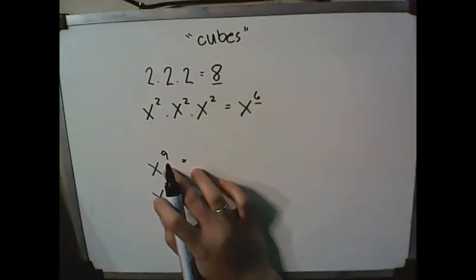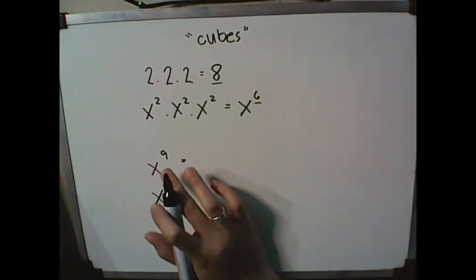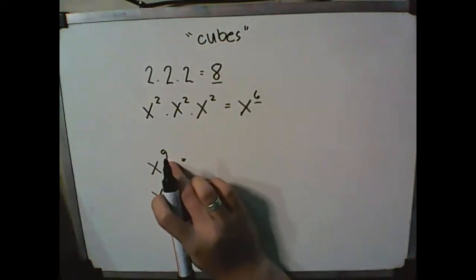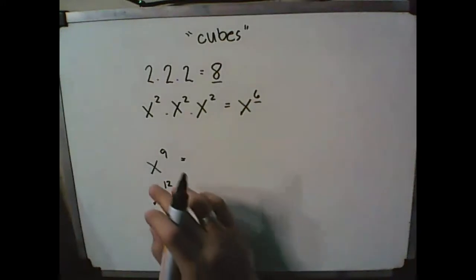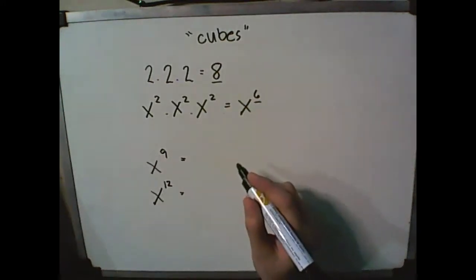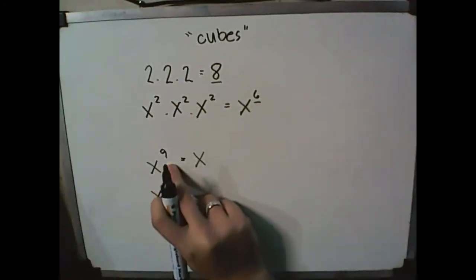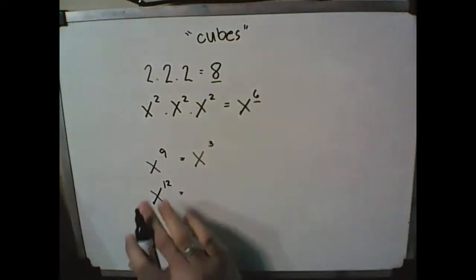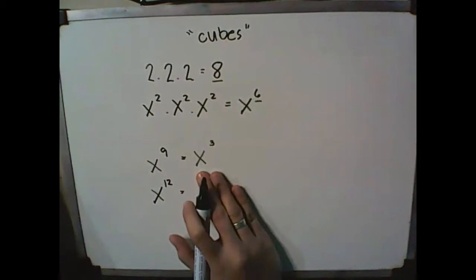So, getting the cube root of the variable na may perfect cube na variable, you just divide the exponent into 3 to get the cube root of the x raised to 9. Okay, so 9 divided by 3 is 3. So therefore, the cube root of x raised to 9 is x raised to 3.